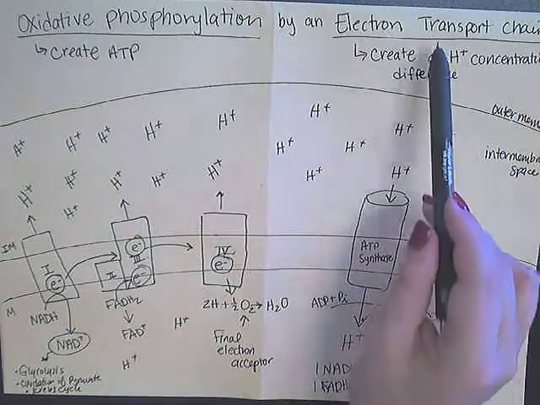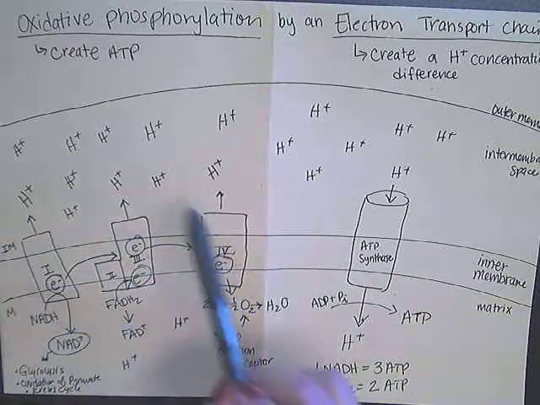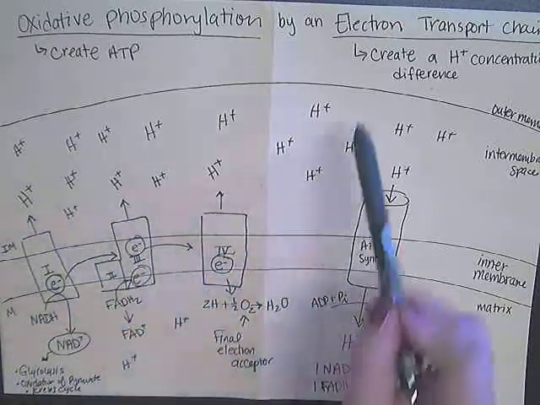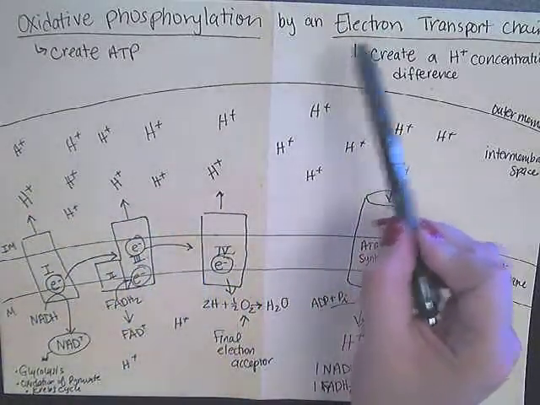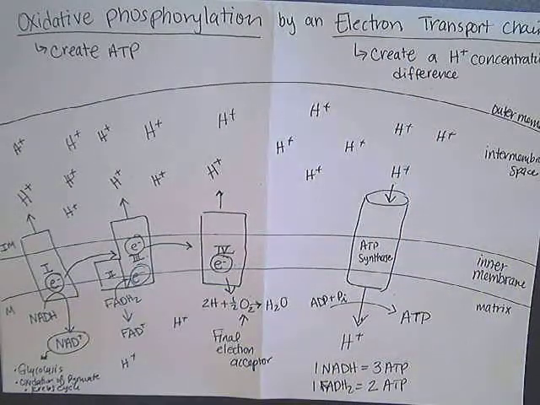So the electron transport chain's job is to create the hydrogen concentration difference, and it's going to do that by transporting an electron across multiple enzymes that are embedded in that inner membrane. And with this, we are able to generate a large amount of ATP from a single glucose molecule.